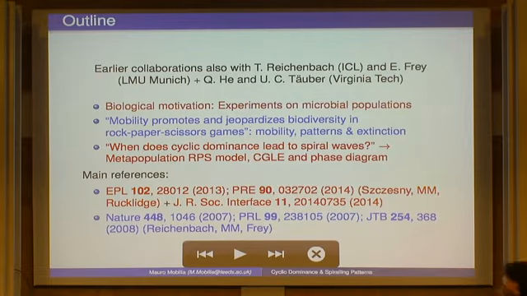First I will give you an overview of some biological experiments on microbial communities that inspired our work, and then I will tell you about the first series of theoretical work that I did with Tobias Reichenbach and Erwin Frey, first in Munich at the time, and then also with Jonas Cremer and Uwe Täuber, who are at Virginia Tech.